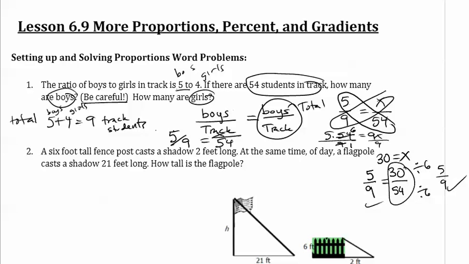So if there are 30 boys, which we found, then 54 minus 30 tells us how many girls there are. So if there are 54 students in the class, then 24 are girls and 30 are boys. So 30 boys and 24 girls will give you 54 total students.